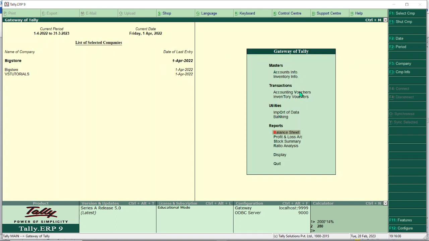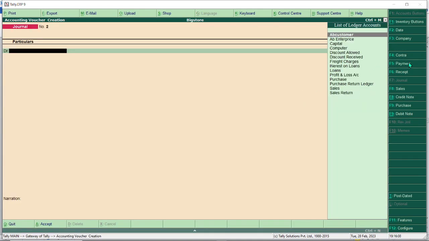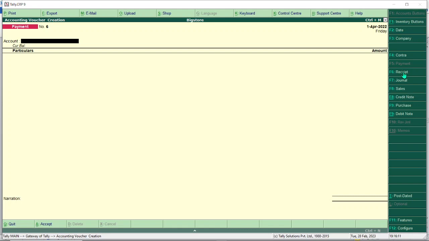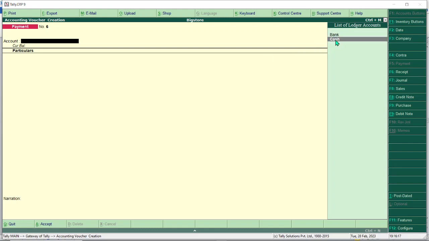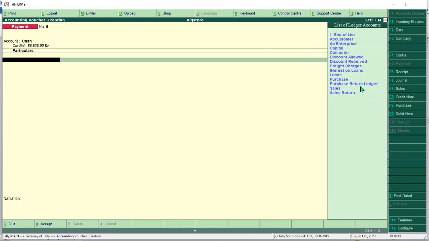again I go to accounting vouchers, I select payment mode, and then I select cash, and then I select loans.